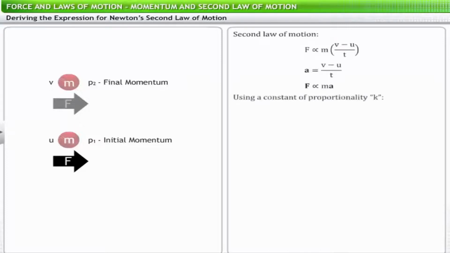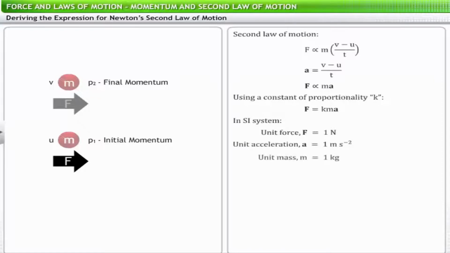We use a constant of proportionality k to equate this relationship. Therefore, F = kma. In the SI system, a unit force is a force with a magnitude of 1 Newton. Unit force is defined as the force that produces unit acceleration, that is, 1 meter per second square, when applied on a body of unit mass 1 kilogram.